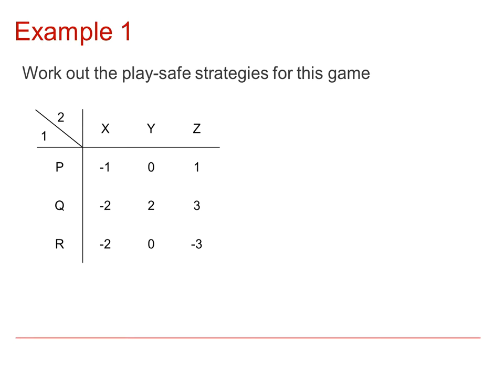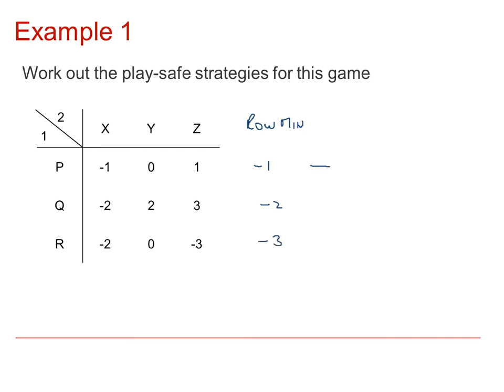Right, let's look at this situation then, which is a different payoff matrix. To work out for player 1, we need to look at the row minimum, and we can work those out very easily: -1, -2 and -3.